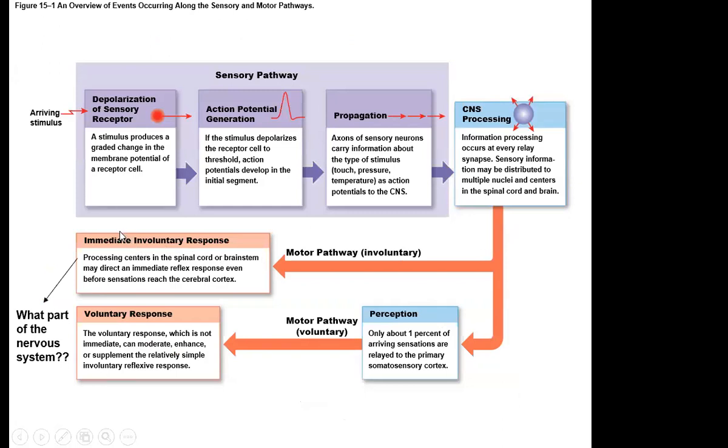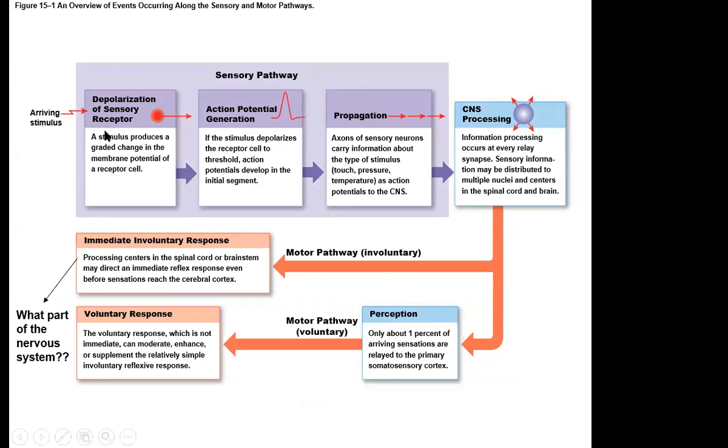We know that in order for us to have some awareness of the fact that there is a sensory stimulation, we need enough stimulation for there to actually be a threshold that is reached to generate some action potentials. So everything always starts with a stimulus at the receptor, okay? There's stimulus at the receptor.